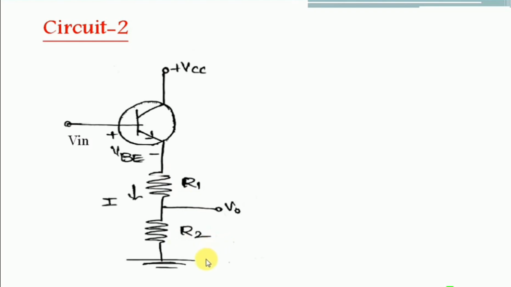From this circuit, we have to find out the output voltage V0, and how the DC level in the output voltage can be reduced when compared to the DC level in the input voltage. The output voltage V0 is nothing but the voltage drop across the resistor R2. So from Ohm's law, we can write V0 as I into R2.